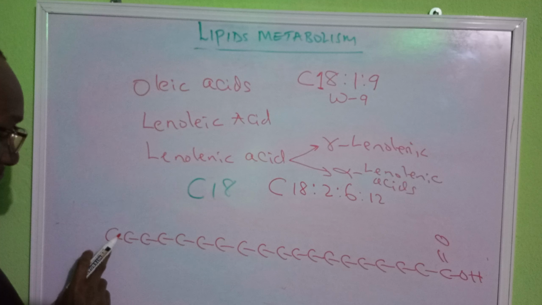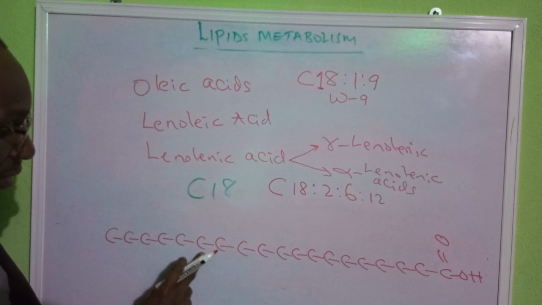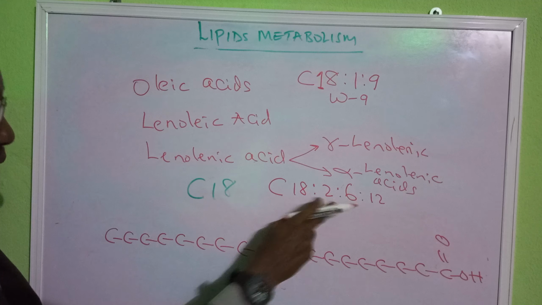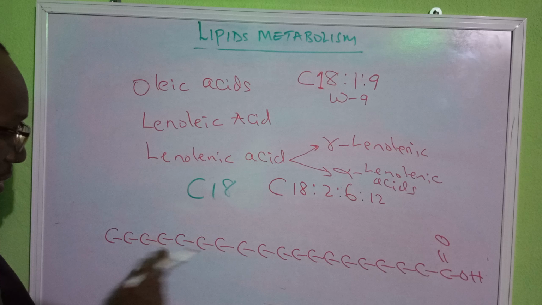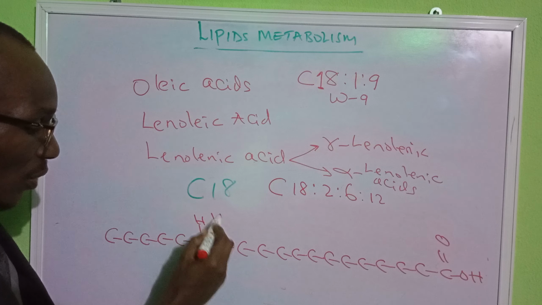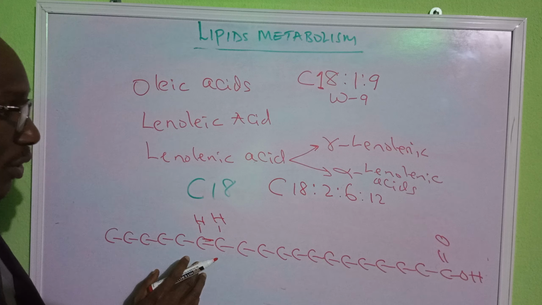So we find that 1, 2, 3, 4, 5, 6, 7, 8, 9 at position 6. 1, 2, 3, 4, 5, 6. So the double bond can be here, and then only 2 hydrogens can be present on that, because it is deficient of 2 hydrogen atoms.